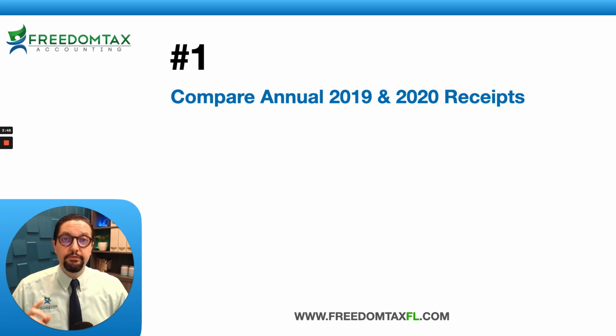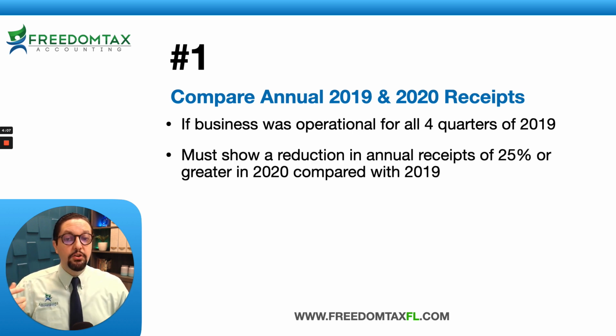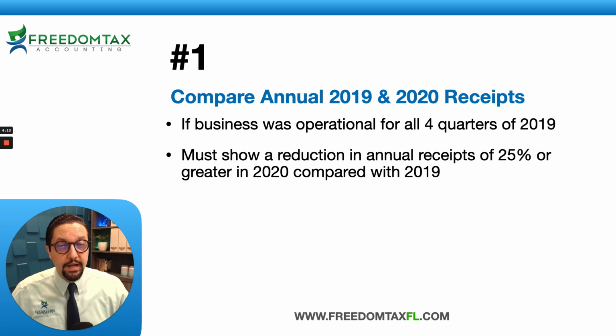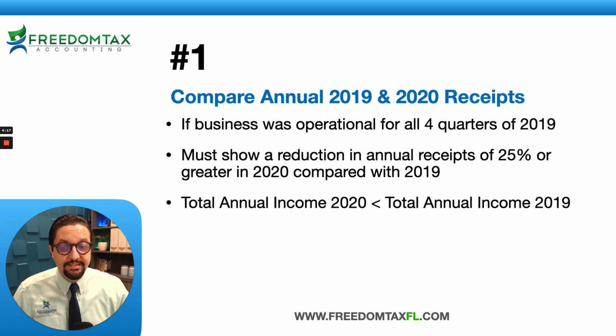The first way of showing revenue reduction for the second PPP loan is to compare the annual 2019 and 2020 receipts. This is if your business was operational in all 4 quarters of 2019, you can show a reduction of annual receipts of 25% or greater in 2020 compared to 2019.